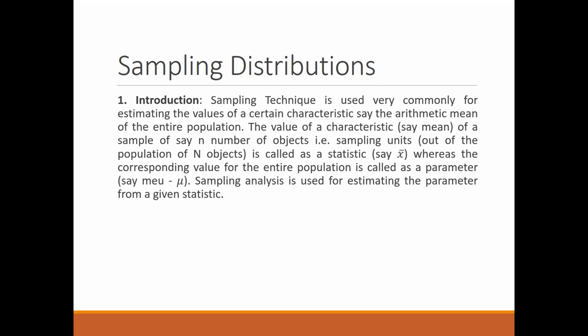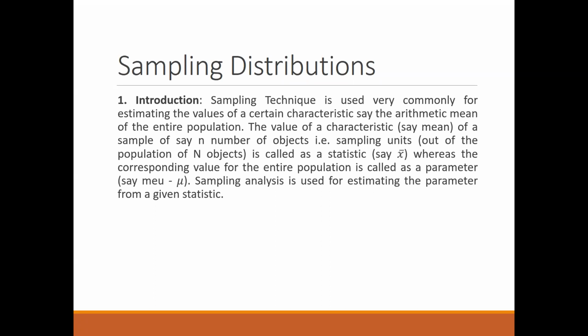Now, the value of the characteristic, in this case the mean of the sample of n objects, which we call the sampling unit, out of the total population of N objects, is known as a statistic. I have given the example of x bar, that is your mean. So the mean is known as your statistic here, whereas the corresponding value for the entire population is called a parameter. The example is mu.